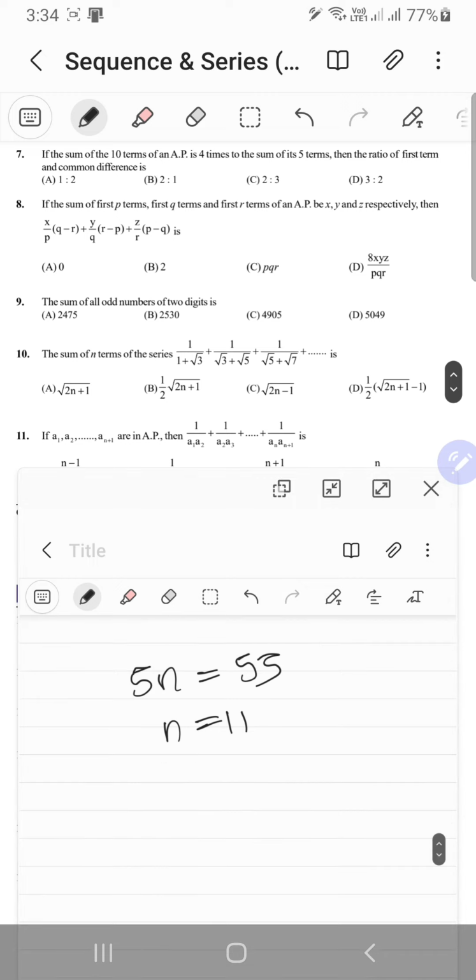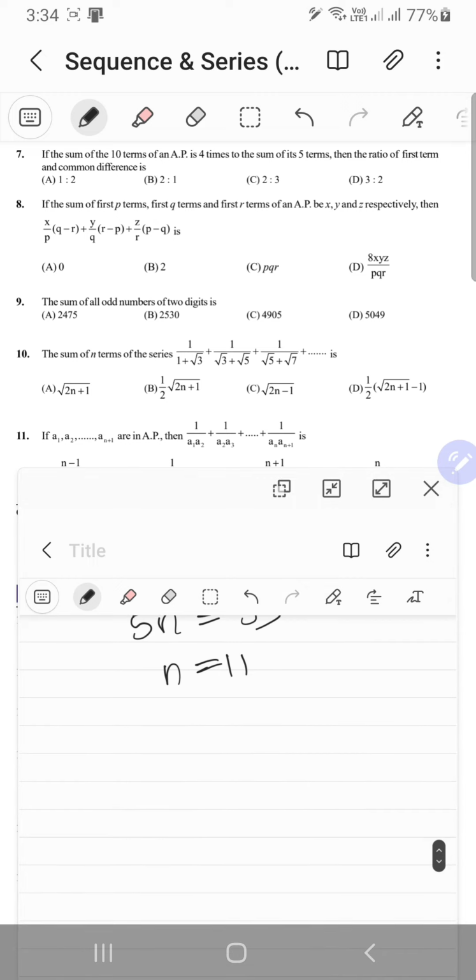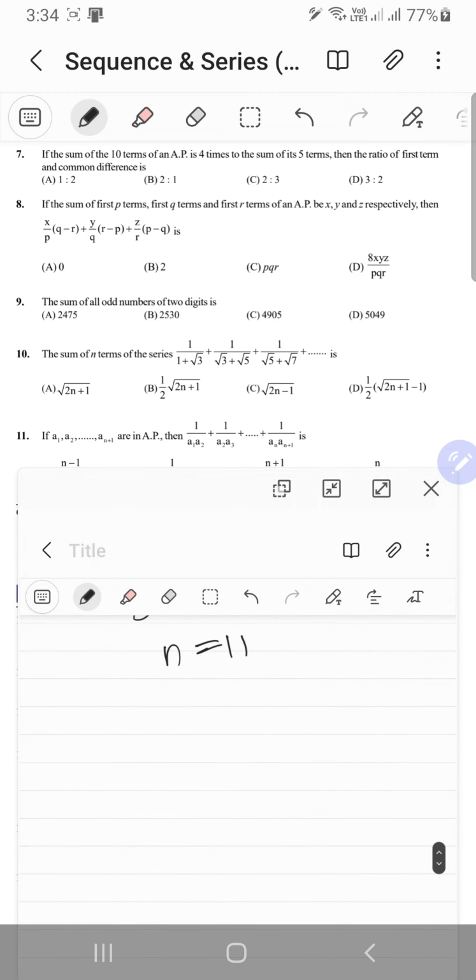Next, if the sum of 10 terms of an AP is 4 times the sum of its 5 terms, then the ratio of the first term and common difference, right, no big deal. So it's just 10 upon 2 into 2a minus d plus nd is like 10d.